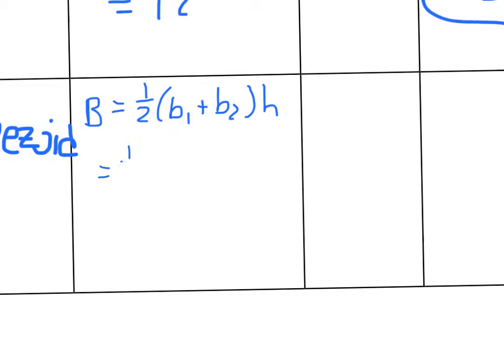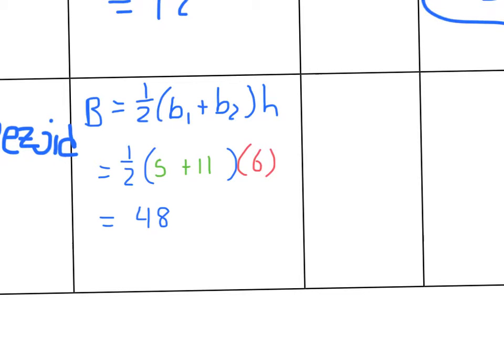So B equals 1/2, 5 plus 11, and the 6 is the height of the trapezoid. So 48 is what we get there.